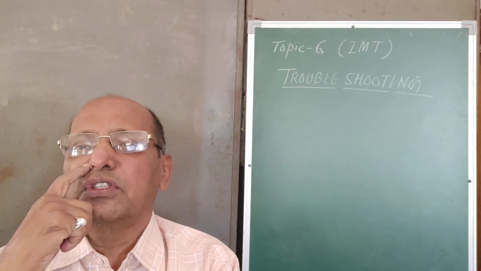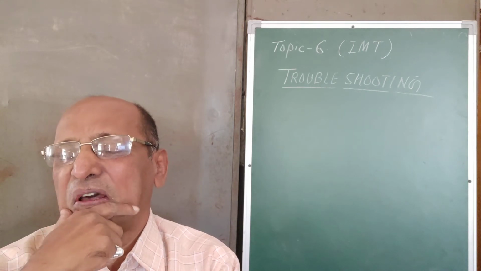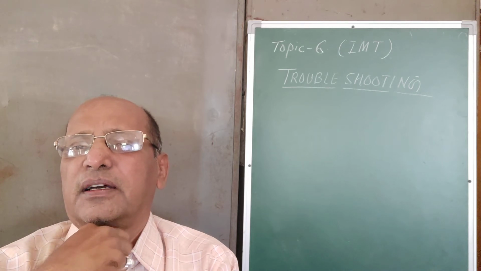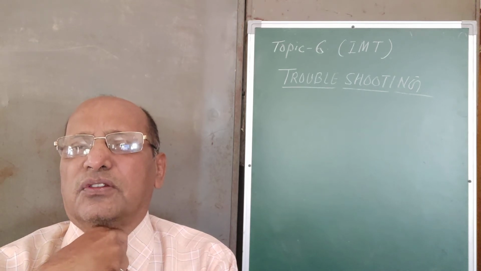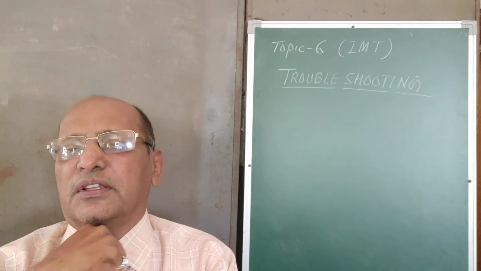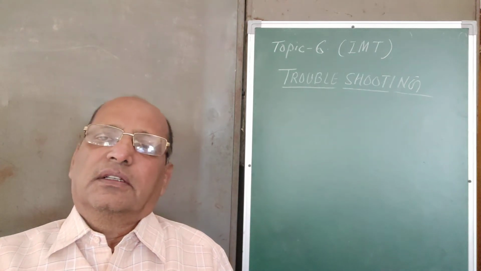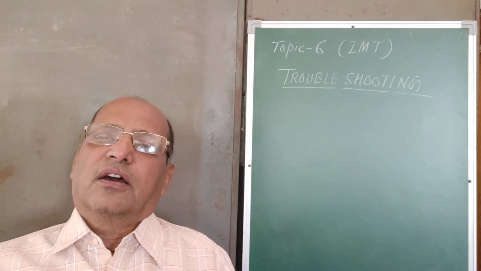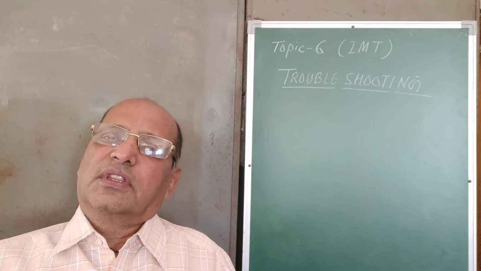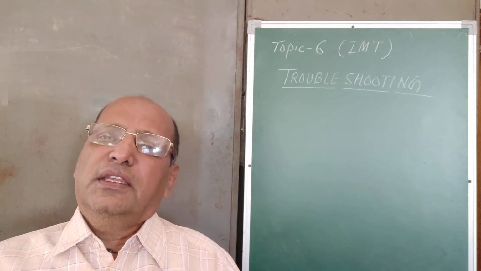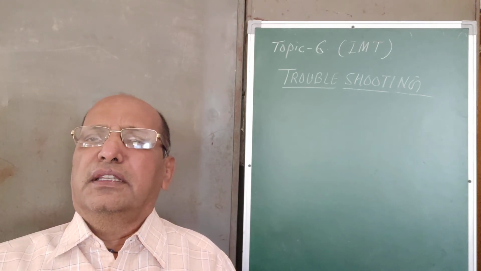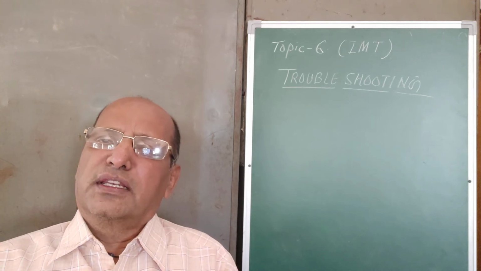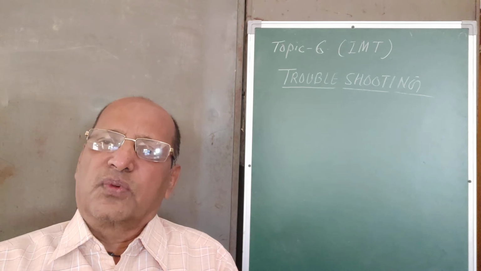Troubleshooting charts are normally provided for all equipment supplied by big or branded manufacturers, who always give the chart with their equipment. In electrical engineering we have drives, one type of equipment used in industry, and second is the transformer.